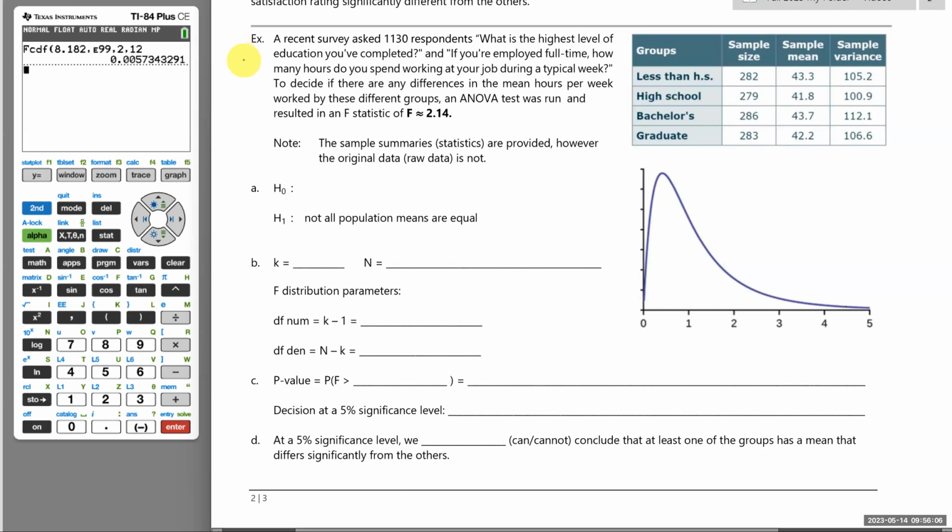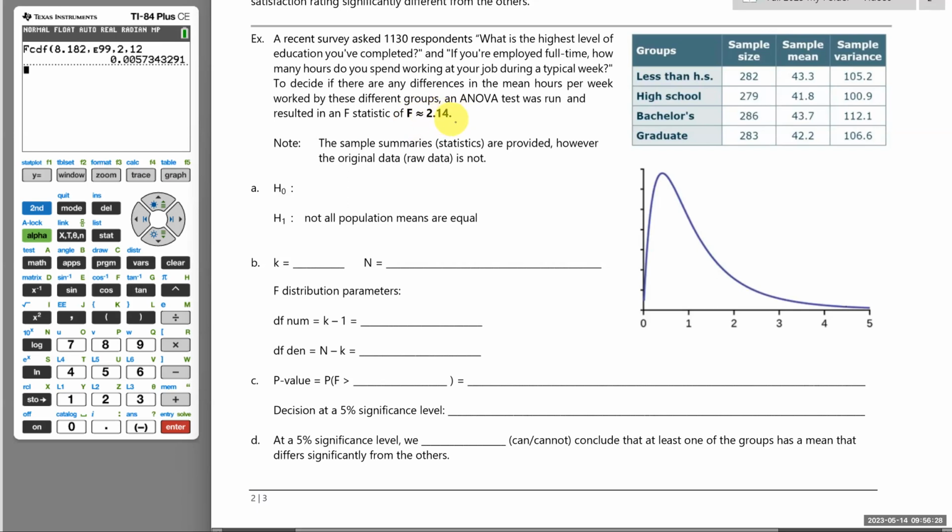And if you're employed full time, how many hours do you spend working at your job during a typical week? To decide if there are any differences in the mean hours per week worked by these different groups, an ANOVA test was run, and it resulted in an F statistic of approximately 2.14.